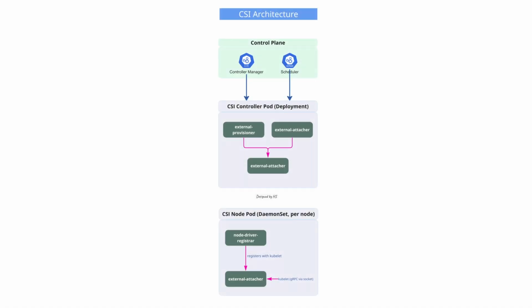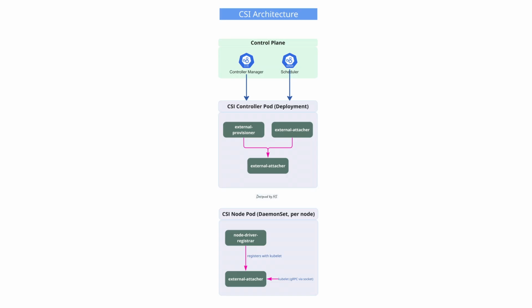It's usually split into two workload types. The first one is the controller plugin. It's typically running as a deployment, which handles cluster-level operations like provisioning, deletion, attachment, and taking snapshots. Then you have the node plugin, deployed as a daemon set, which runs on every single node.